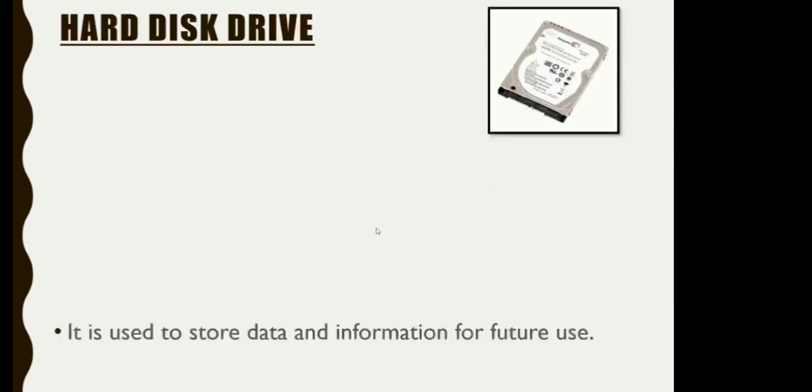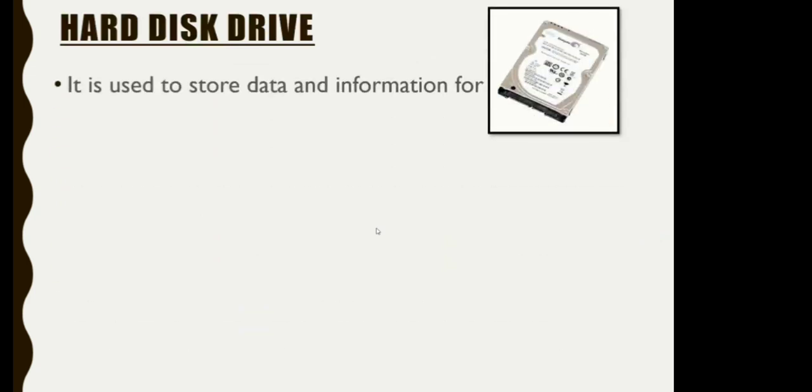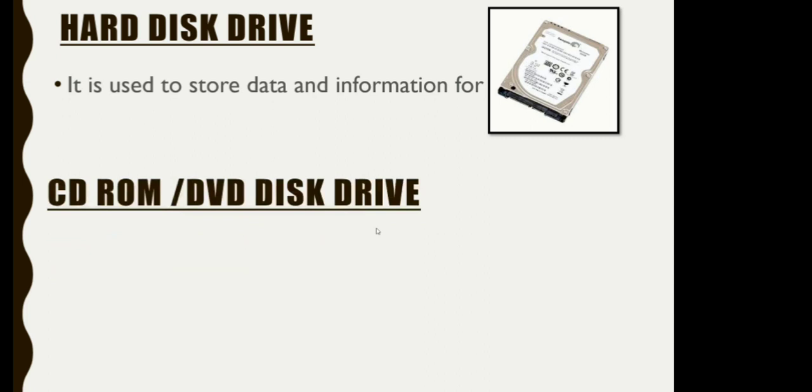First one is hard disk drive. Hard disk drive is used to store the data and information for future use. Next is CD-ROM or DVD disk drive.